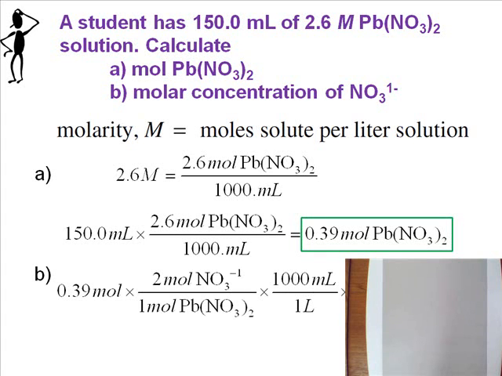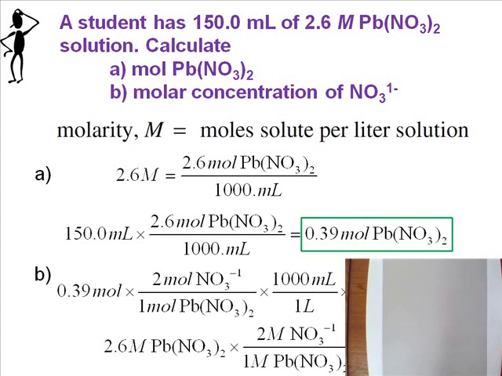Our next move is to take the 0.39 moles of lead nitrate and put it into a volume of a liter. After all, molarity is in a liter value. And we wind up with a 5.2 molar solution of the nitrate itself.